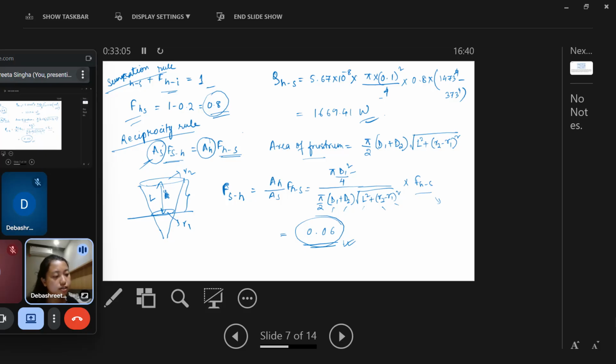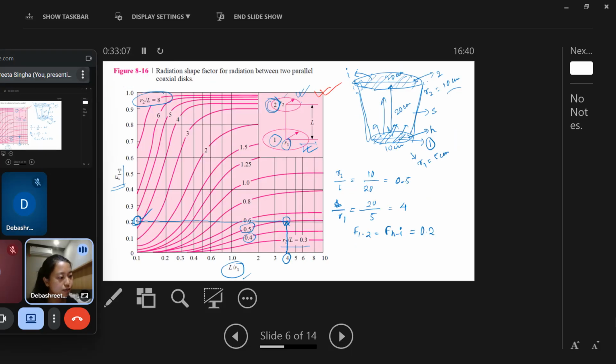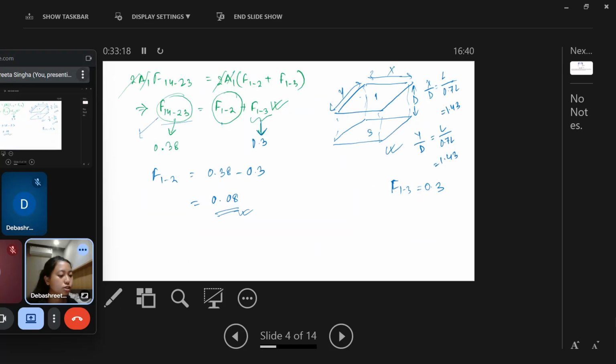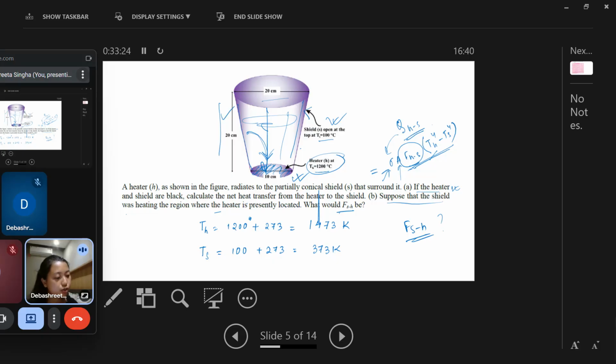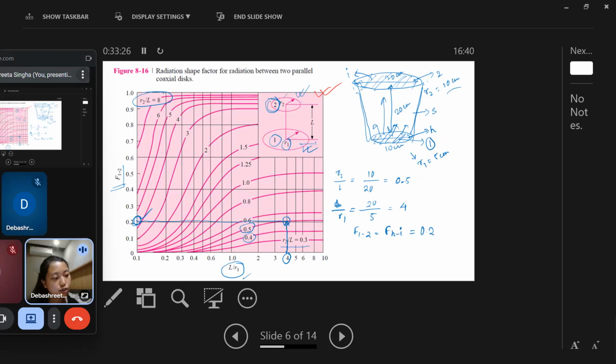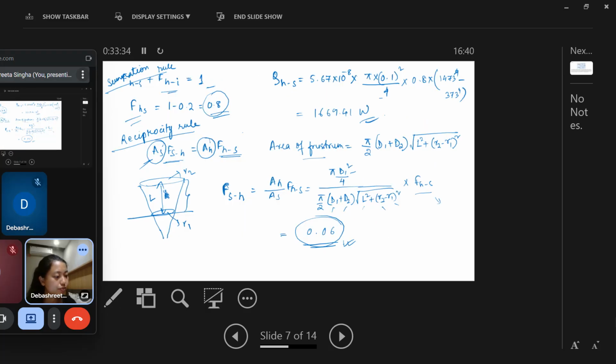Some standard graphs are already available, though not for any random shape, only for some shapes like these: one rectangle on top of the other, and here one circle on top of the other. If we get such combinations of shapes in the exam, we can use these graphs or plots.